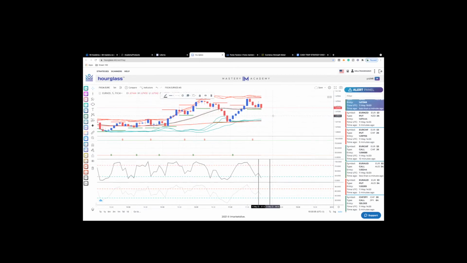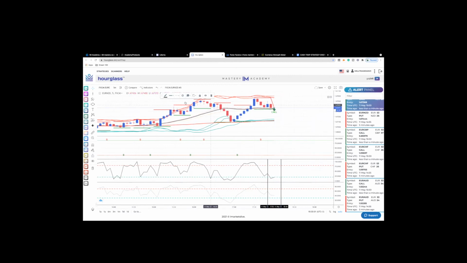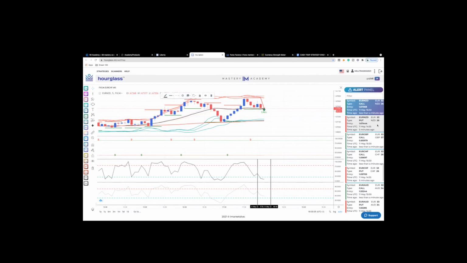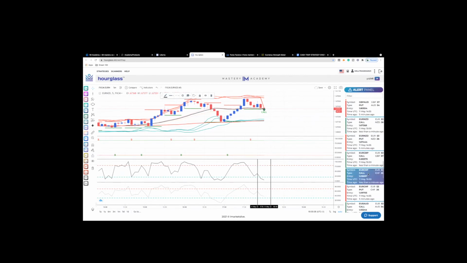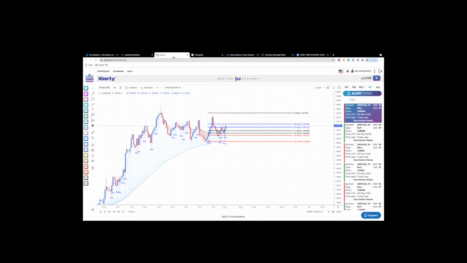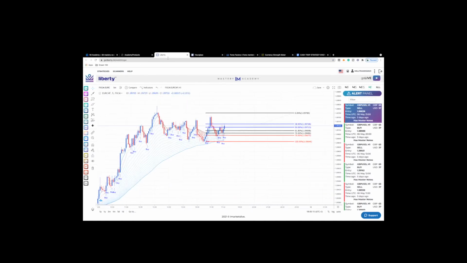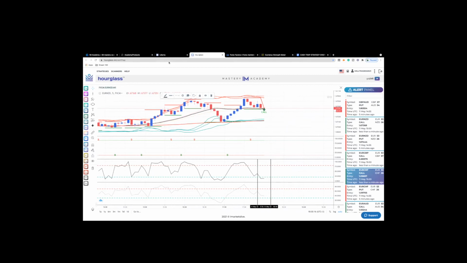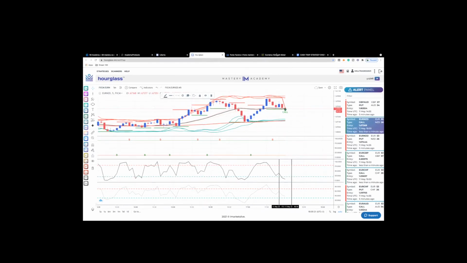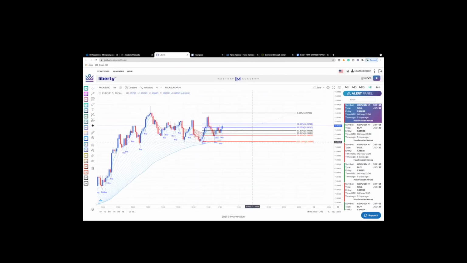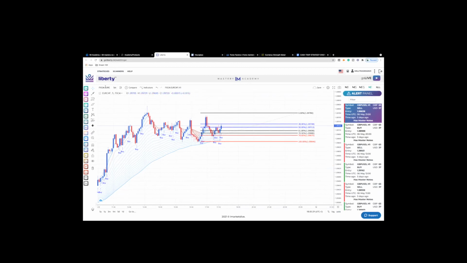Because it says that this is what it looks like on my screen. No, it says Euro NZD. What the heck? If you guys want to look at Euro NZD, I guess I can't look at Euro Chief on Hourglass at all.